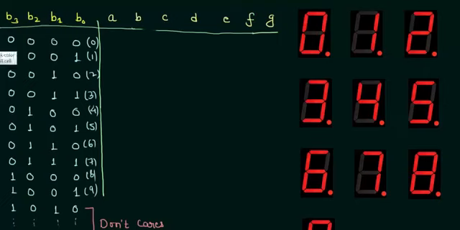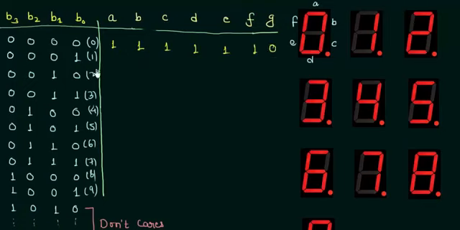To display 0, the segments A, B, C, D, E, F should be high, and the LEDs of these segments should be high to display the number 0. So A is high, B is high, C, D, E, F are high, and G is low.